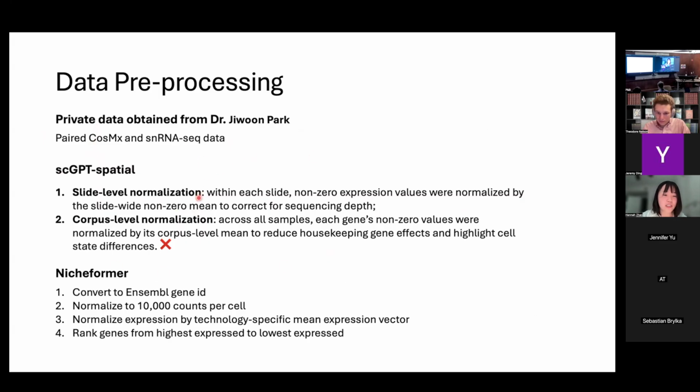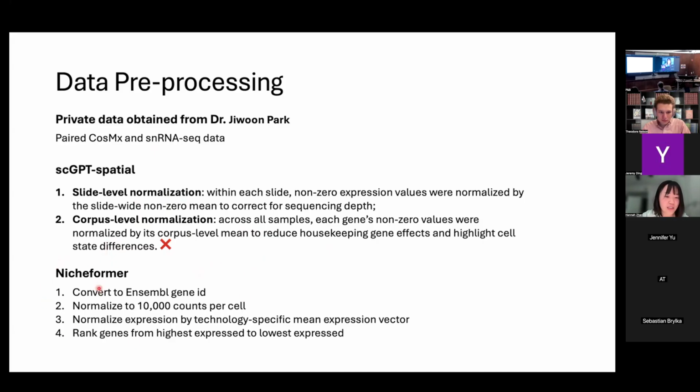They first do a slide-level normalization to normalize the gene expression across the whole slide, and then a corpus-level normalization, which means they normalize each gene's expression across all samples. But for this part, because they didn't offer the mean and standard deviation of their corpus, I wasn't able to do it, which might have some effect on the results.